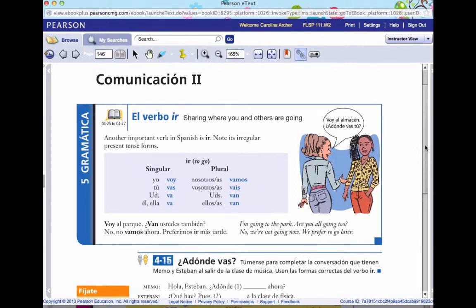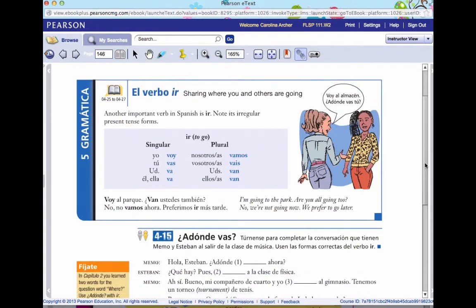Like in English, we say going to do something. I'm going to take the bus. She is going to meet her friends, okay? So going to, the verb ir, is the one that is conjugated to form the future tense in Spanish, one of the future tenses, okay?